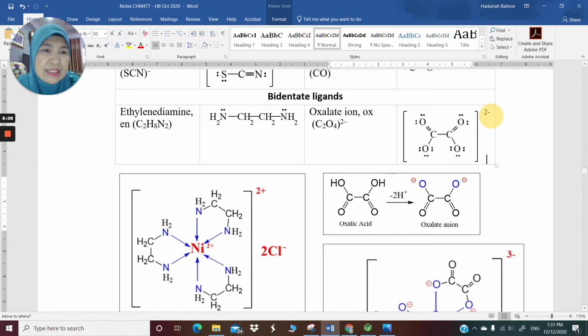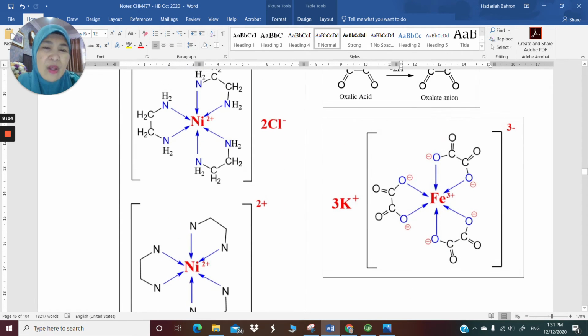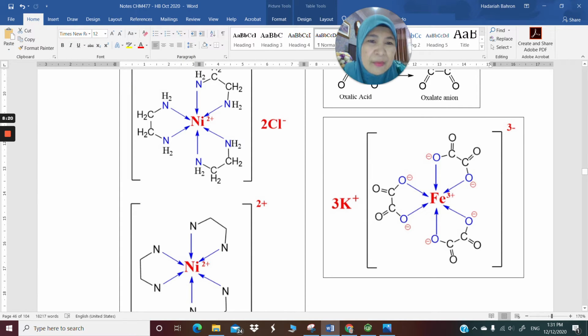So oxalate carries a 2 negative charge. When an oxalate bonds to a metal center, for example iron, in this case I put iron 3.